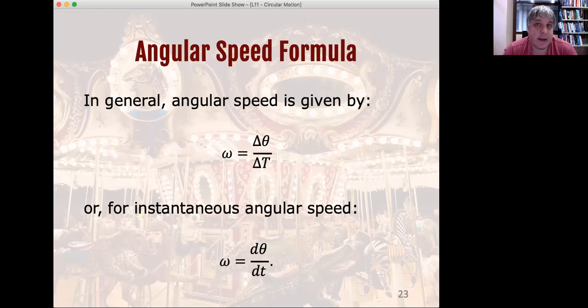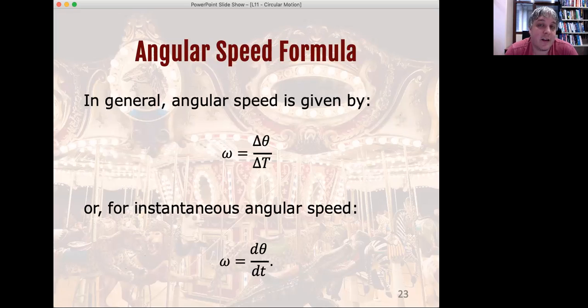In general, angular speed can be defined for any system that has a change in angle, and it's a similar formula to what we saw for velocity, which was the rate of change of position over time. Here it's the rate of change of angle over time. So omega is delta theta over delta t, lowercase t for time, apologies.